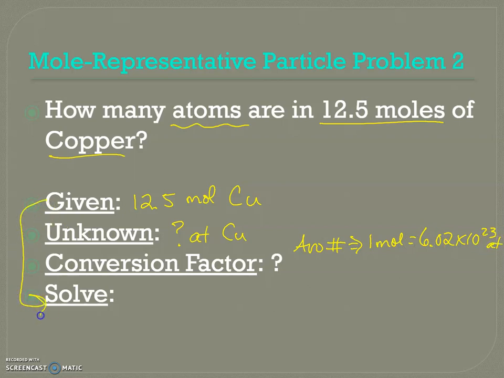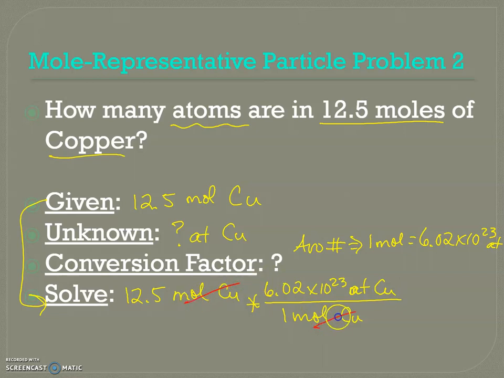We start with our given, 12.5 moles of copper, and I put 1 mole on the bottom and 6.02 times 10 to the 23rd atoms of copper up top. What cancels out? Moles and moles, leaving atoms, which is what I want.